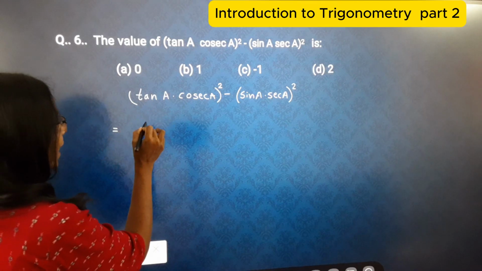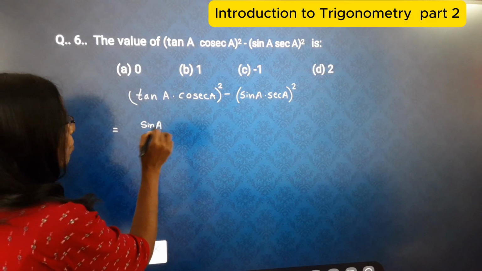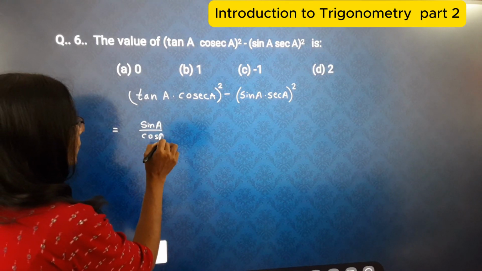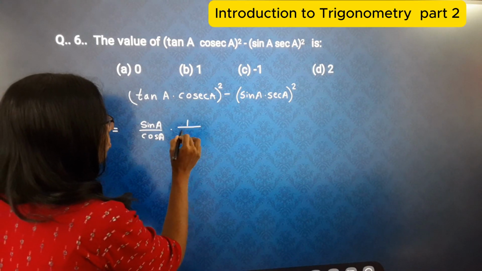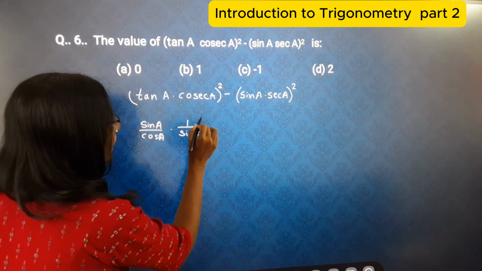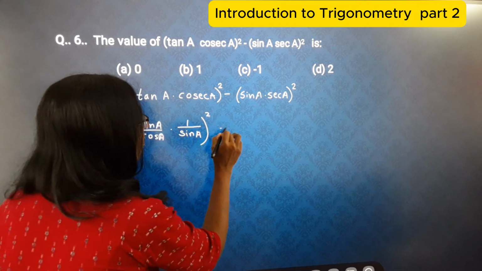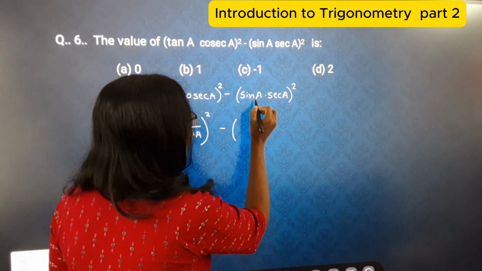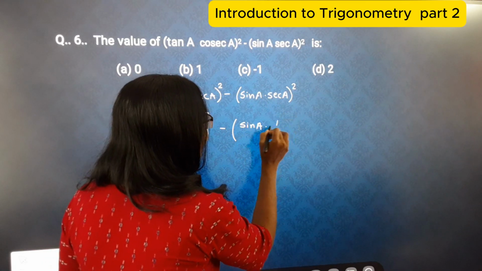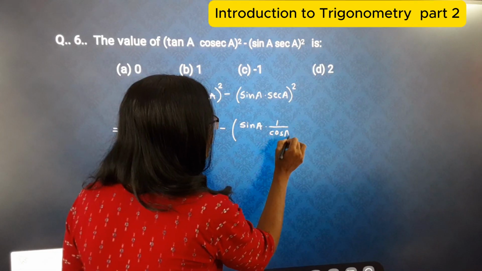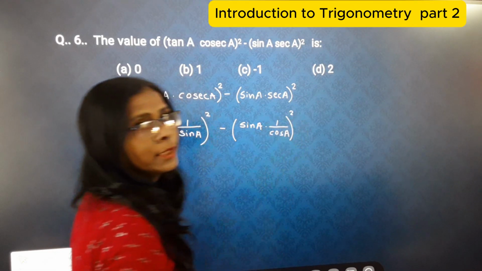Now here tan A means sin A upon cos A, multiply cos A, which is... (cos A means 1 upon sin A) whole square minus (sin A multiply sec A, that means 1 upon cos A) whole square.